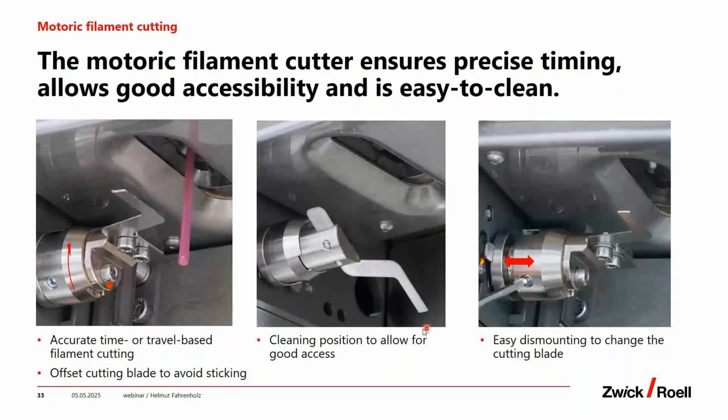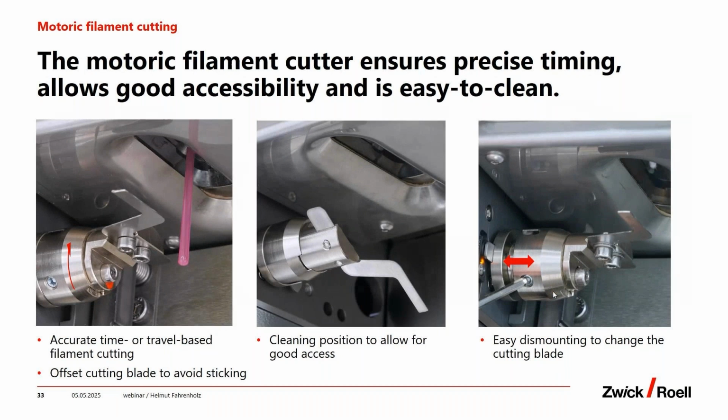If you want to clean here, you can just tell the cutter to rotate by 180 degrees so that it is on the back side and you have more space to access this area. If you have to replace, for example, the cutter blade, or clean it better, you can easily take the whole head out and place it back again. So it's an easy dismounting.